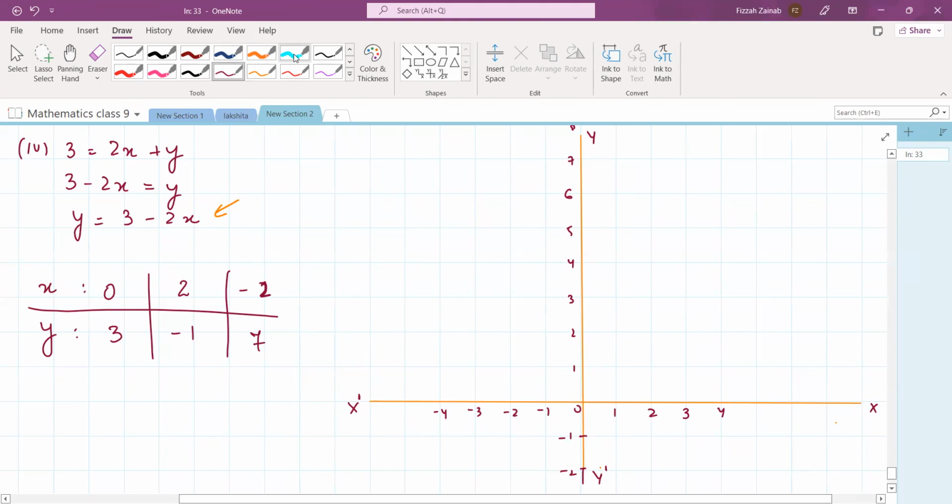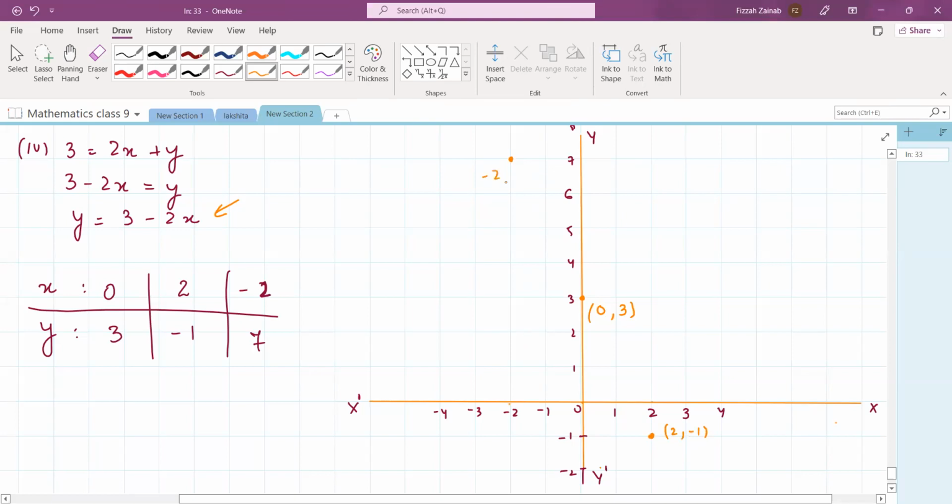Now come to the points. Now first point is 0 and 3. So x is 0, y is positive 3. That's your point. Name it. So it is 0 and 3. Now second, x is positive 2 here and y is minus 1. So that means this is the point. So x is 2, y is minus 1. Now next, x is minus 2, y is positive 7. So here is the point.